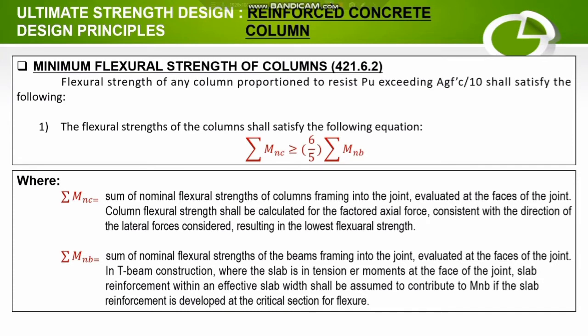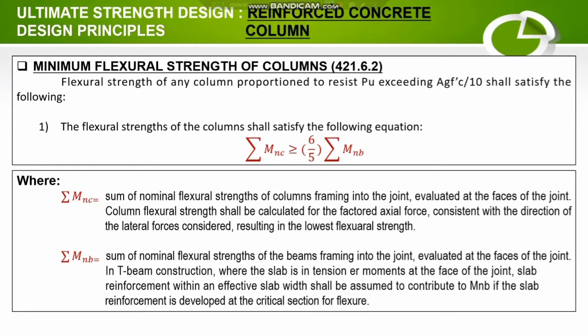The equation is the summation of Mnc must be greater than or equal to 6/5 the summation of Mnb, where summation of Mnc is equal to the sum of nominal flexural strengths of columns framing into the joint, evaluated at the faces of the joint.